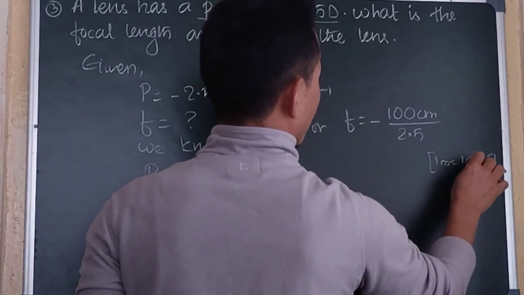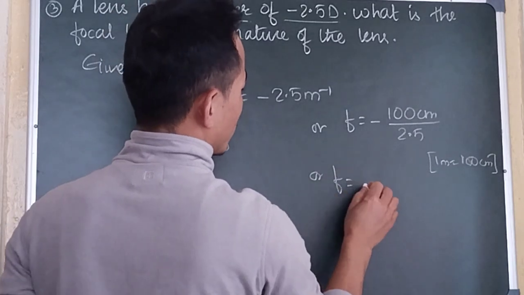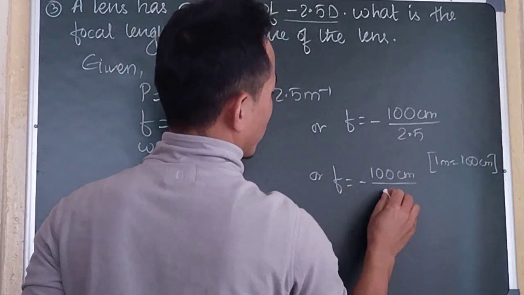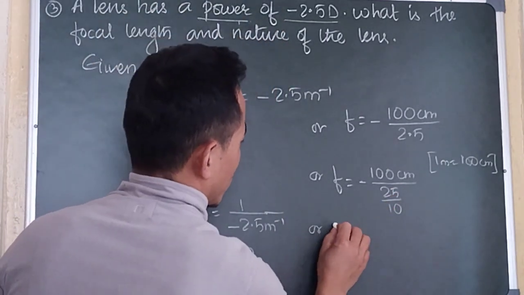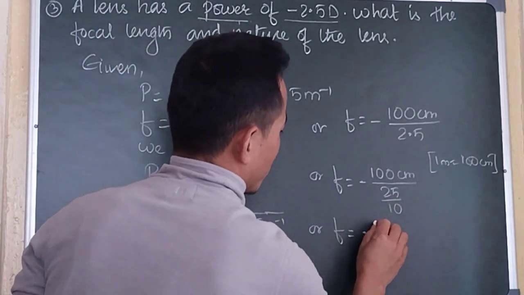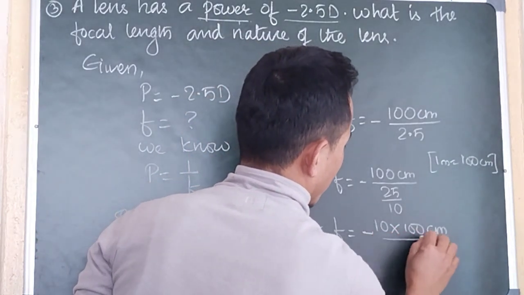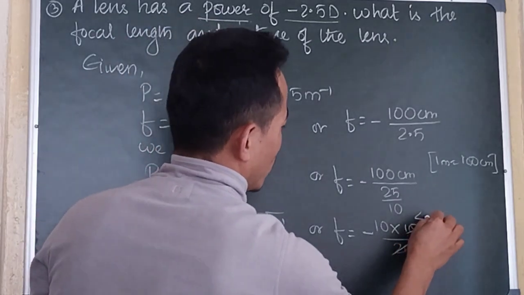Now if you have problems solving with the decimal, you can remove the decimal. Then f is equal to minus 100 centimeter divided by 2.5, which can be written as 25 divided by 10. So you can take this 10 to the numerator, so it becomes 10 into 100 centimeter divided by 25. So 25 1 times, 25 4 times.